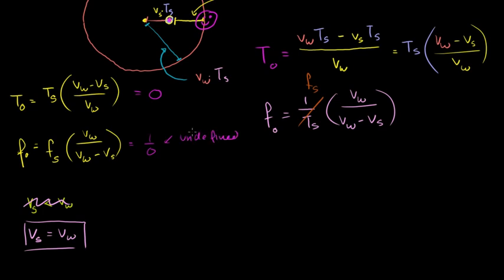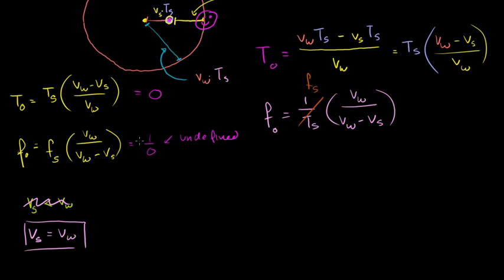Undefined. But if you want to think about what the frequency approaches as the velocity of the source approaches the velocity of the wave, if this thing is only a little bit less than that thing, this is going to be a very, very small positive number. So when you divide these quantities by that very small positive number, you're going to approach infinity.